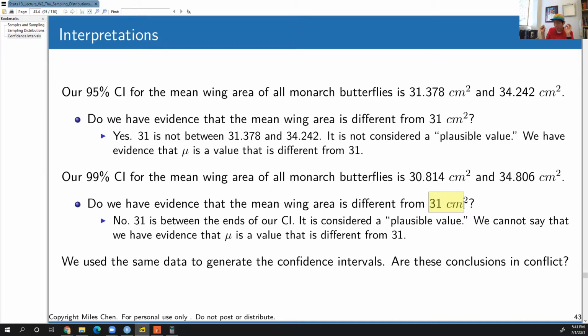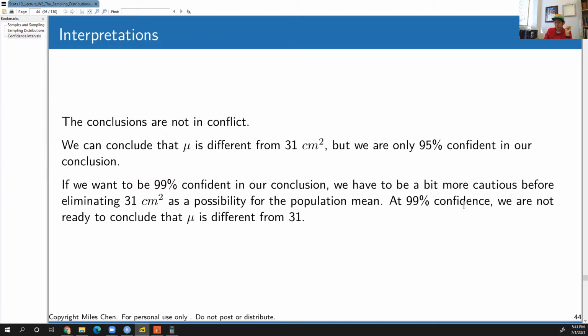So we're going to play it a little cautiously, and we're going to say it's still a plausible value. Does that make sense as far as why we're arriving at different conclusions, even though we're looking at the same data? The different level of confidence can lead us to different conclusions here.